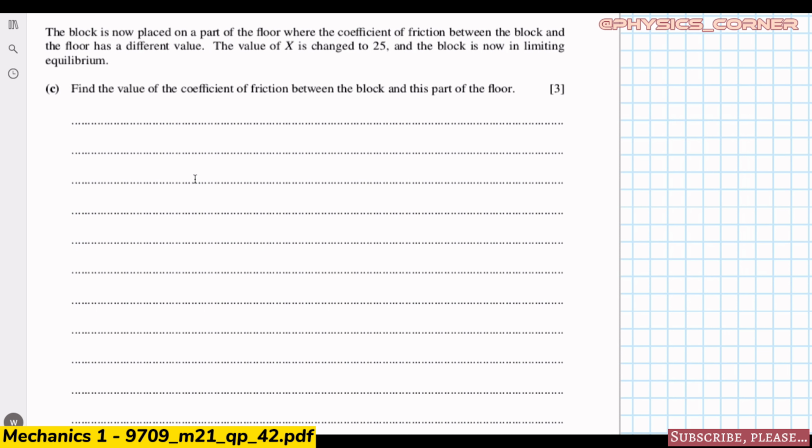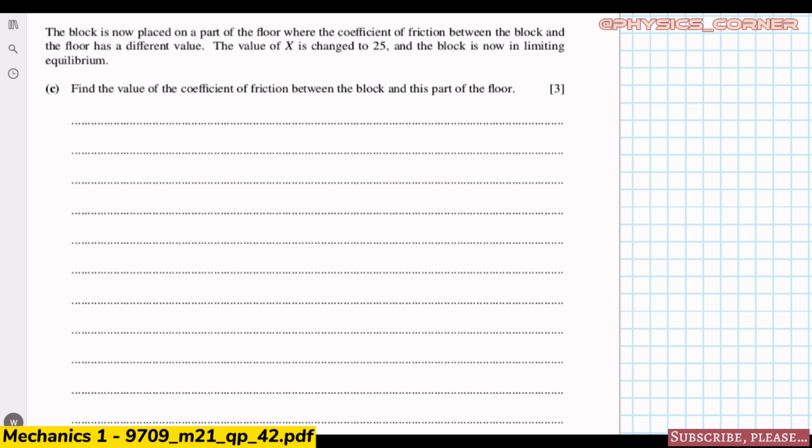Okay. So the surface here has a different coefficient of friction between the block and the floor. Then x changes to 25, and the block is in limiting equilibrium.